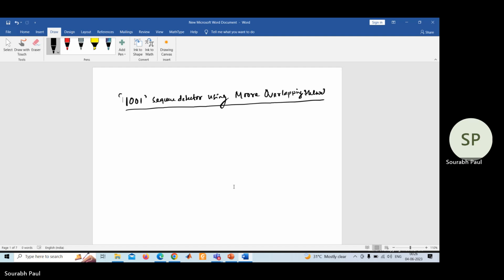Okay. So the first thing is, in this problem, the sequence that we need to detect has 4 bits. So the number of states you need to consider in this particular problem has to be n plus 1, where n is the number of bits given in the sequence.